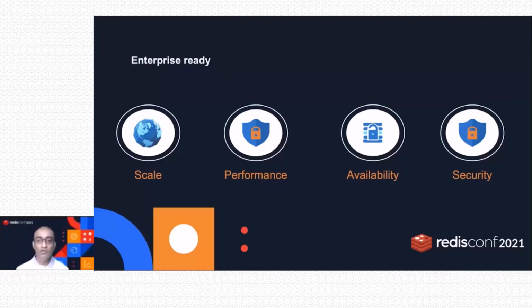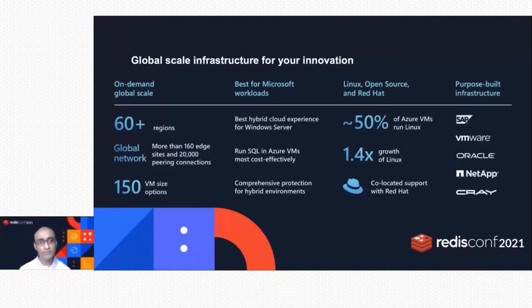So we will review specific strengths of Azure Cache for Redis that lend themselves well for building scalable, performant, highly available, and secure enterprise applications. We'll also have a fun demo that brings many of these enterprise functionalities together to show you the power of Azure Cache for Redis.